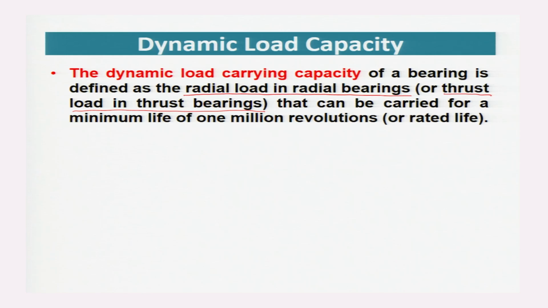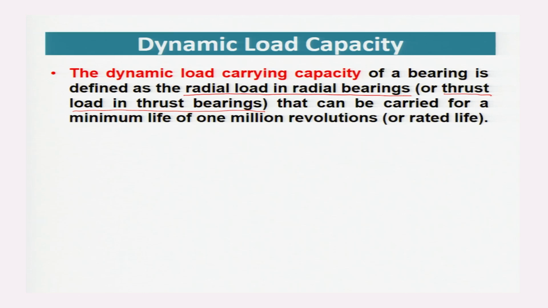So the dynamic load capacity of a bearing is defined as the radial load in the radial bearings or thrust load in the thrust bearings that can be carried for a minimum life of 1 million revolutions, or the rated life.